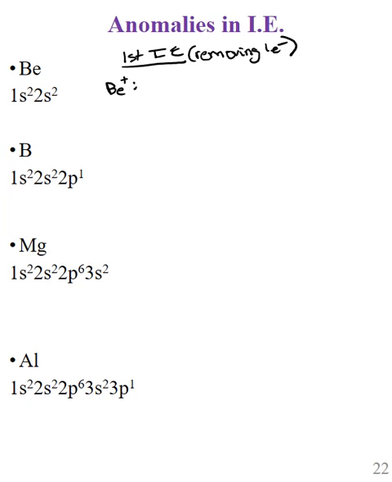The electron configuration would therefore be 1s2, 2s1. Now, if I looked at boron, I remove one electron, so it turns into B+. We get 1s2, 2s2, and that's it, because we remove that one electron in the p orbital.